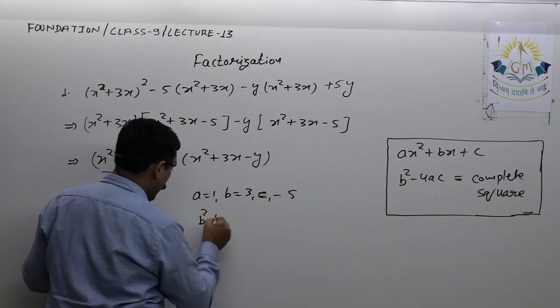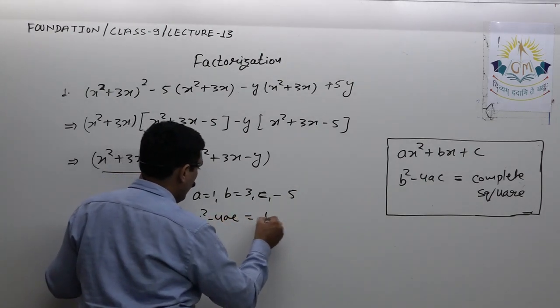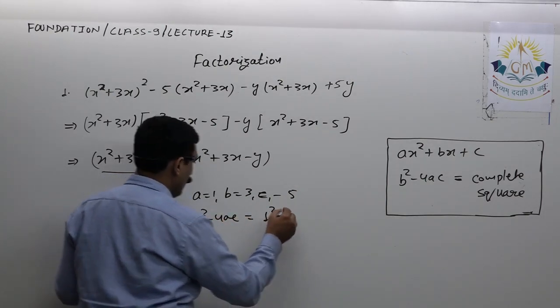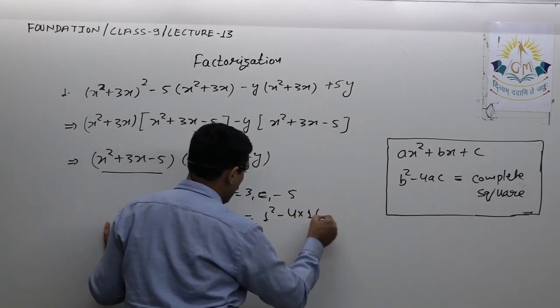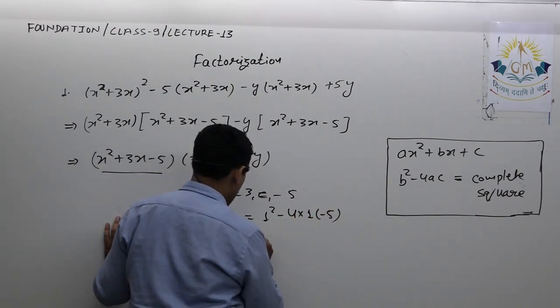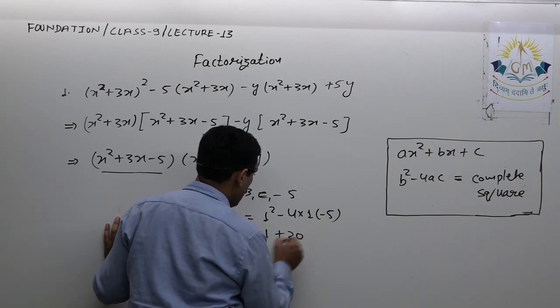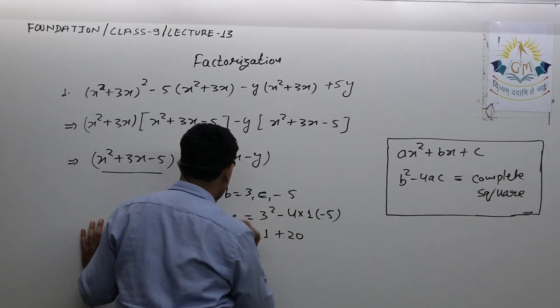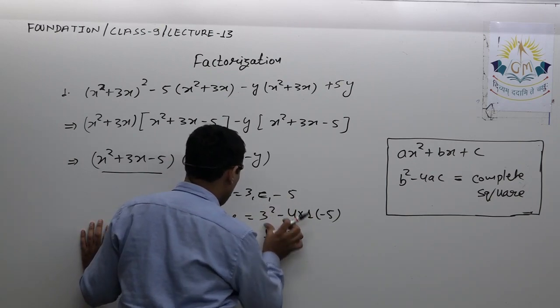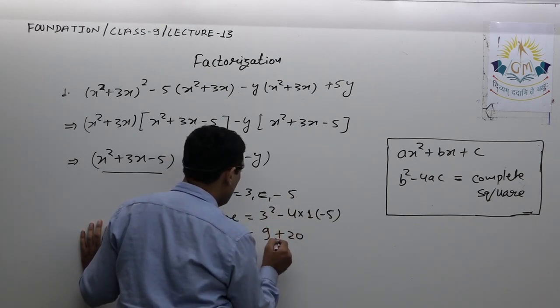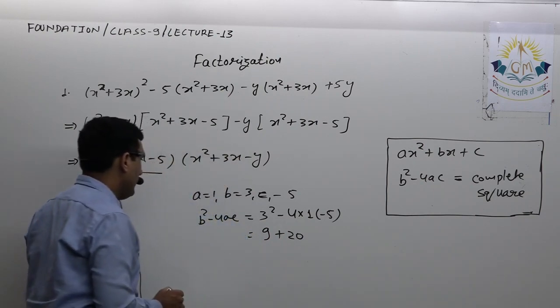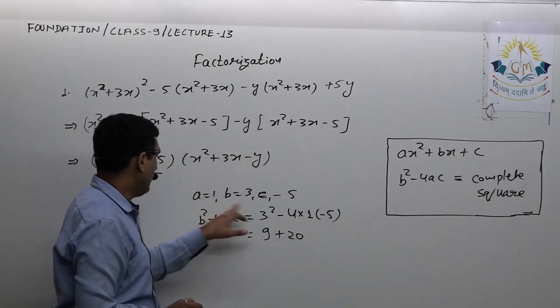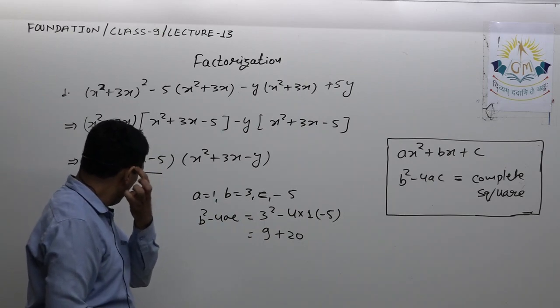Now b square minus 4ac: b square, so 3 square minus 4 into a into c, that is 9 plus 20, which is 29.